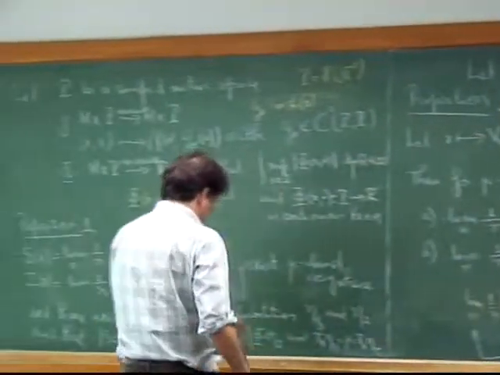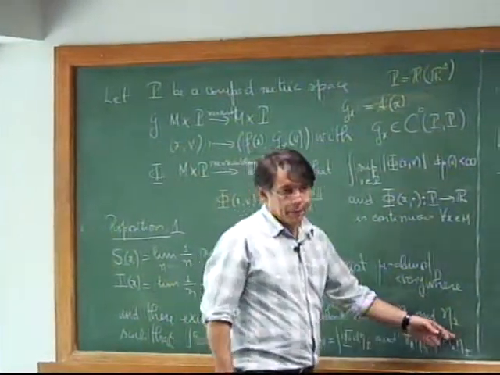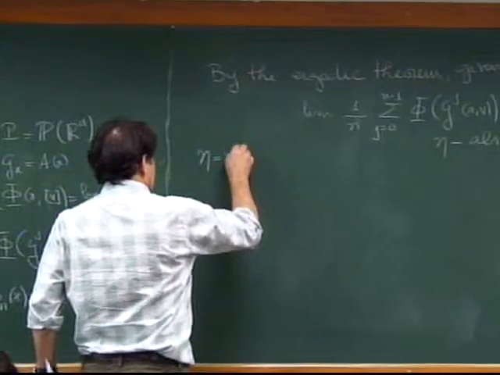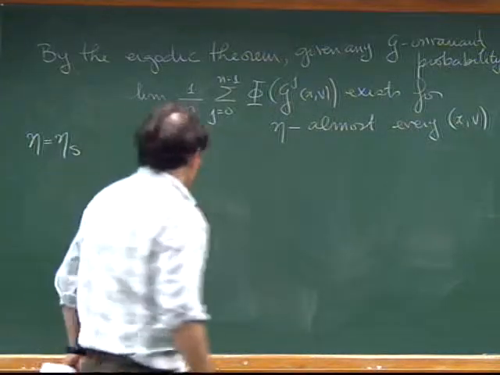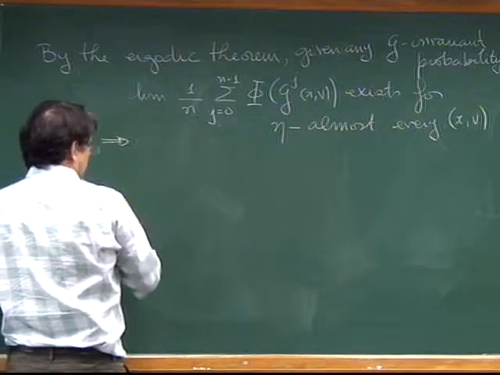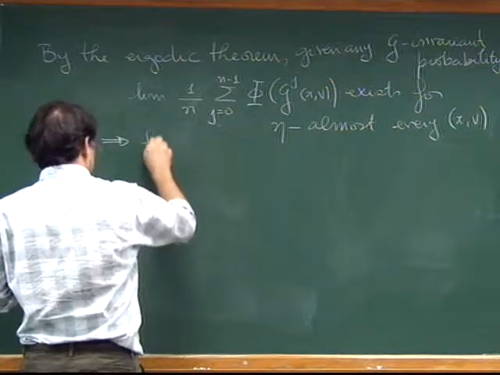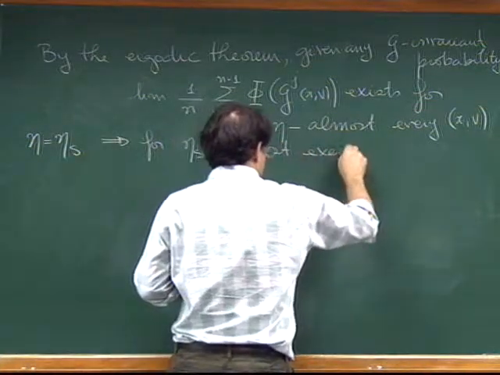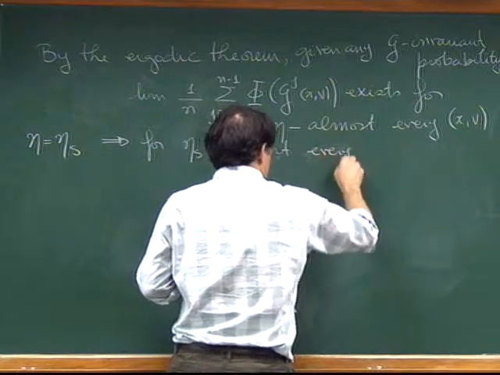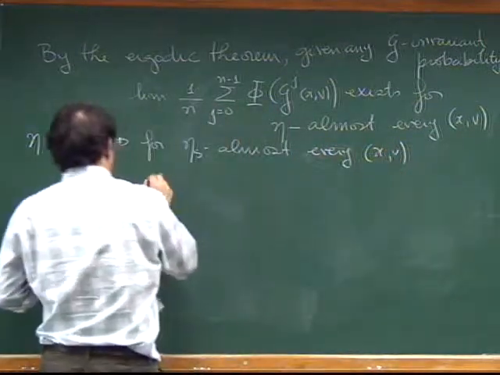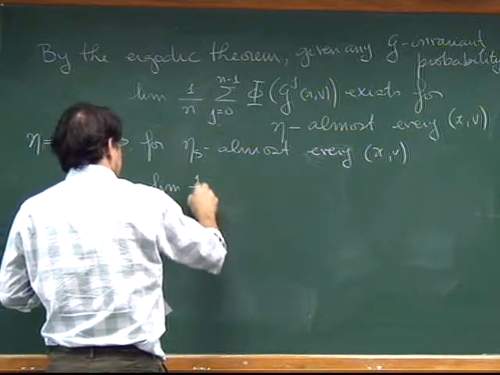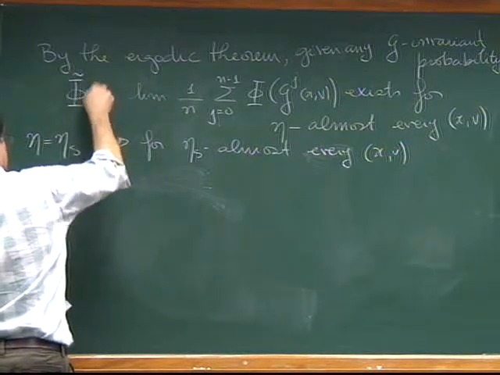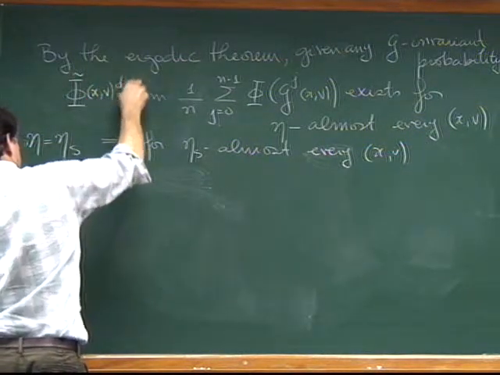We actually have two invariant measures, eta s and eta I. So if you take eta equals eta s, you conclude that for eta s almost every pair xv, this limit exists. Now let me give it a name. Let's call it phi twiddle xv. By definition it is the limit.